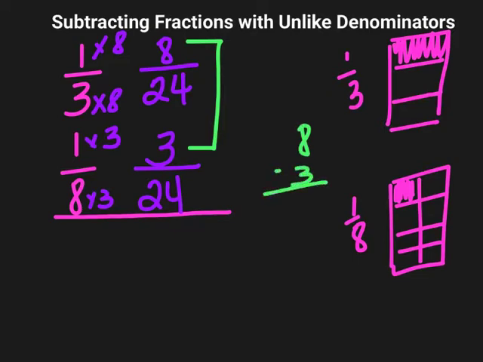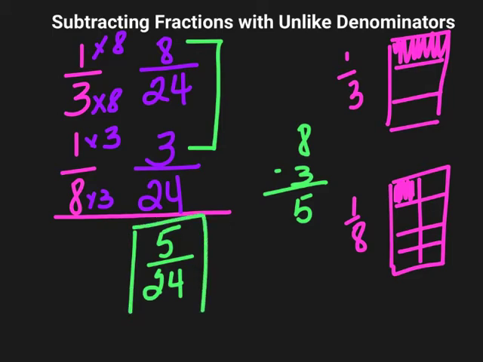And that gives us 5. So now we have 5/24ths. And that is our answer. If we needed to reduce it, we would reduce this answer to a lower fraction. But in this case, 5 cannot be reduced by any number that 24 can be reduced by. So our answer is 5/24.